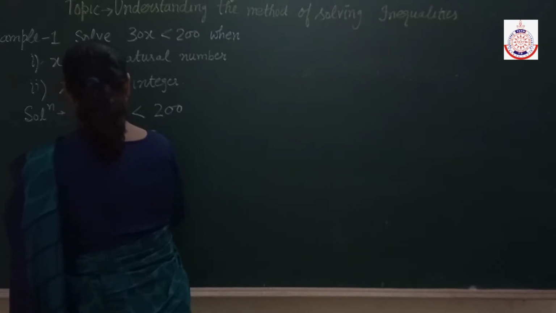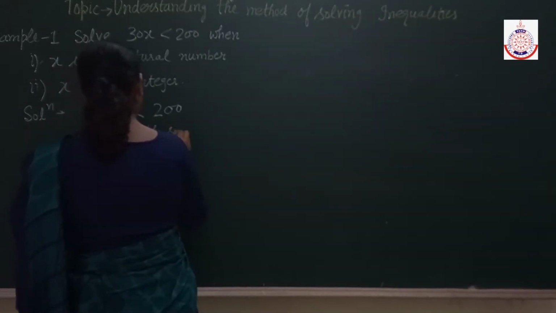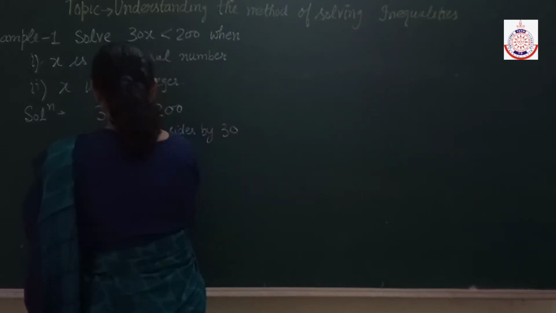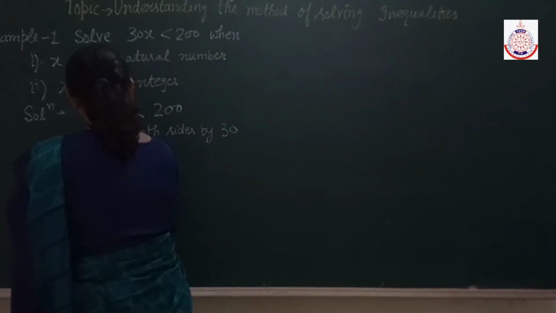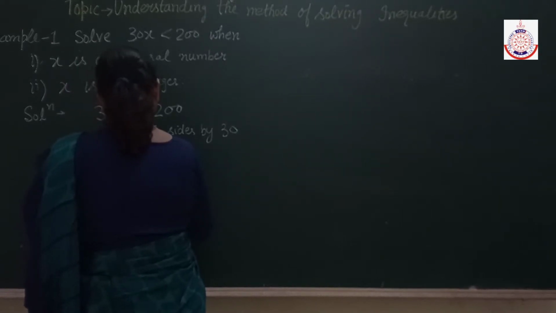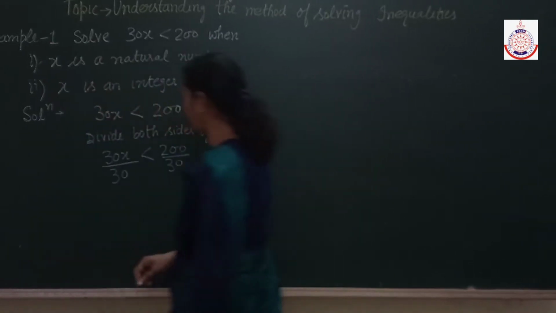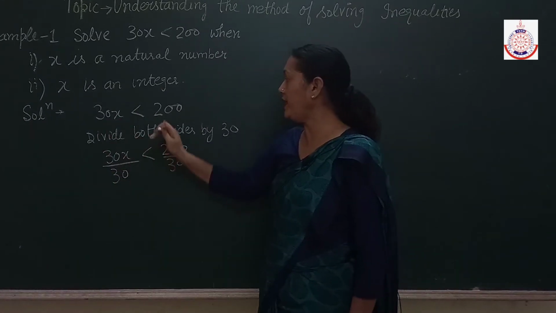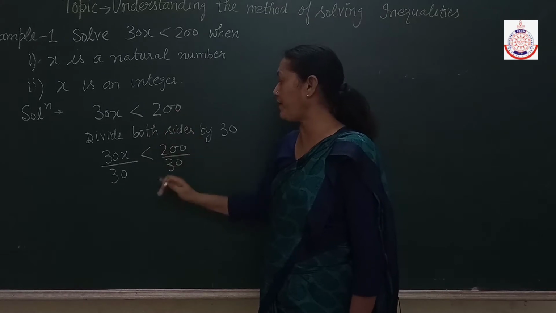Divide both sides by 30. After dividing with 30 we have got 30x upon 30 strictly less than 200 upon 30.